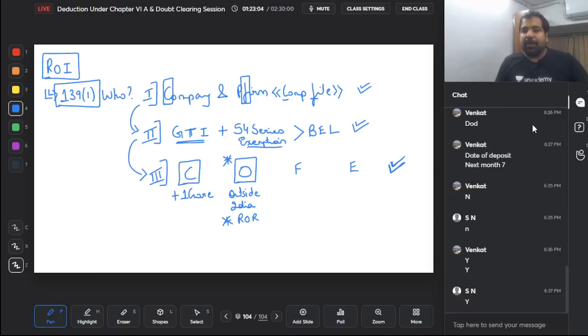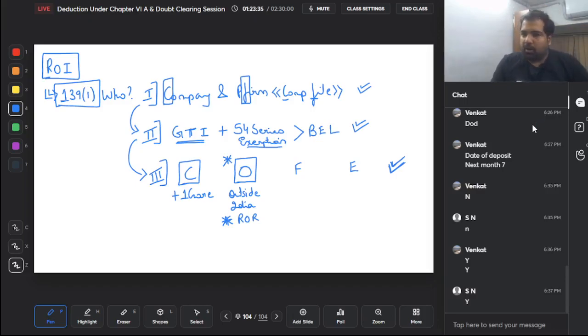Bill Clinton, Bill Gates, Warren Buffett, Donald Trump will definitely have assets abroad. So not for them, only for ROR? Yes, only for ROR. But guys, what if you have a bank account abroad with only 500 rupees in it, or let's say $1 in it? Then even for that, will you have to file a return? No, they say in case of bank accounts abroad, cumulatively, all the bank accounts together, if you have up to 5 lakh rupees, then this does not apply to you.